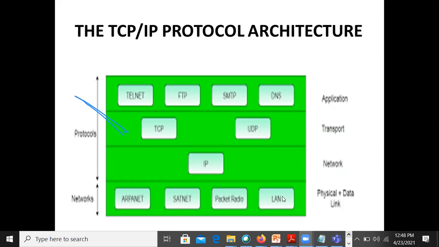The error control and flow control operations, plus conversion of the data into signals, modulation and demodulation, are all performed at the bottom layer. That is called the physical plus data link layer, or host to network layer. So these are the 4 layers of TCP/IP protocol.